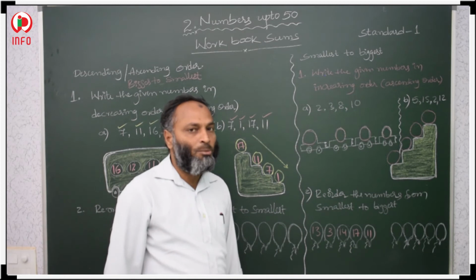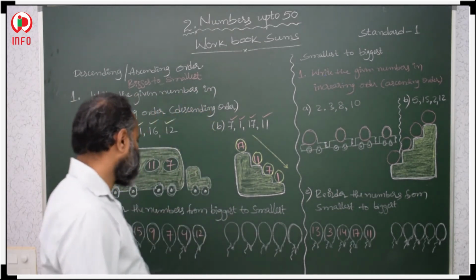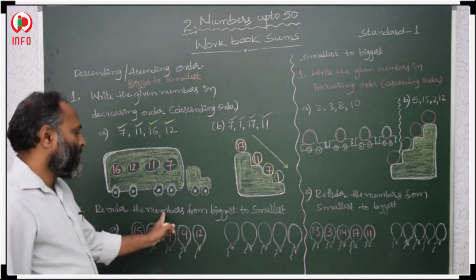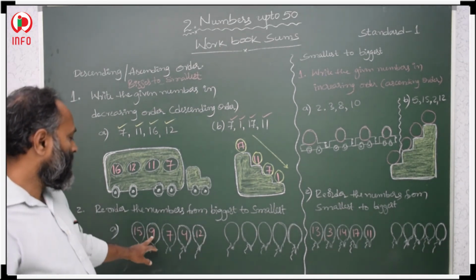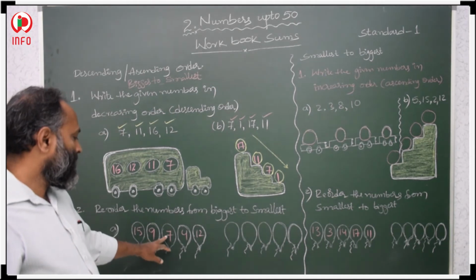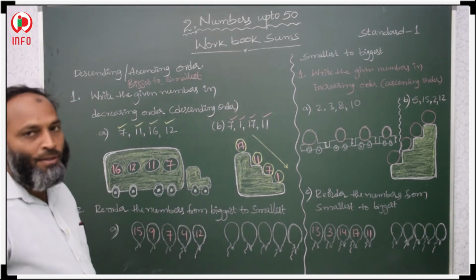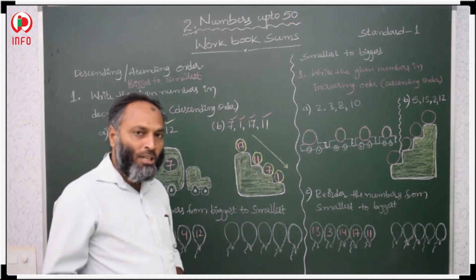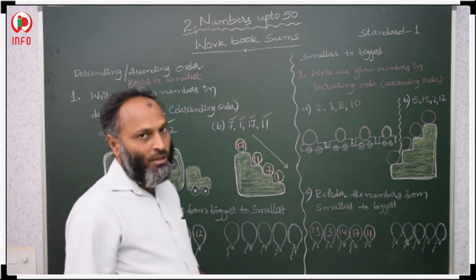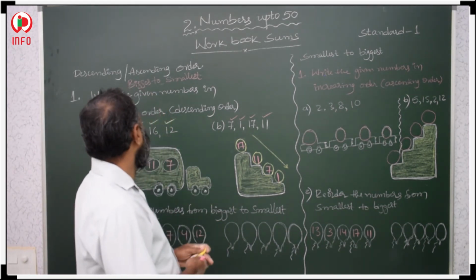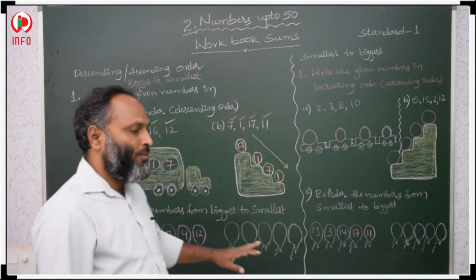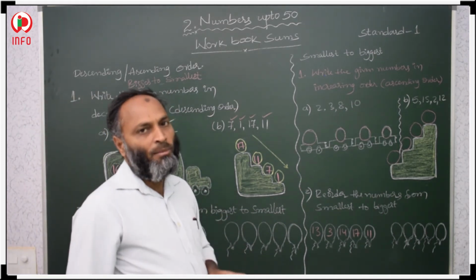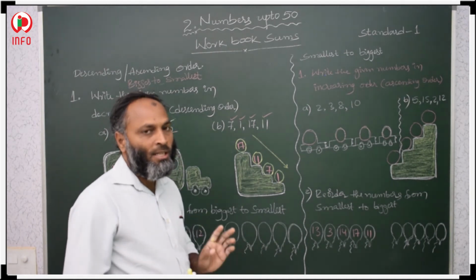Now, reorder the numbers from biggest to smallest. On balloons some numbers are given: 15, 9, 7, 4, 12. Biggest to smallest, descending order, decreasing order, whatever it is, the question is the same.